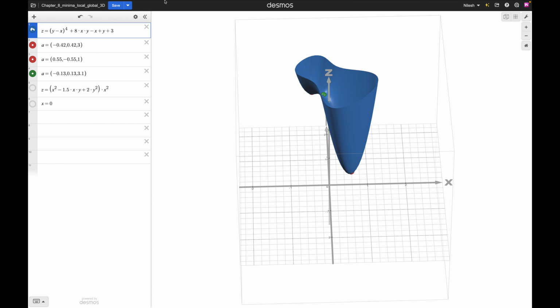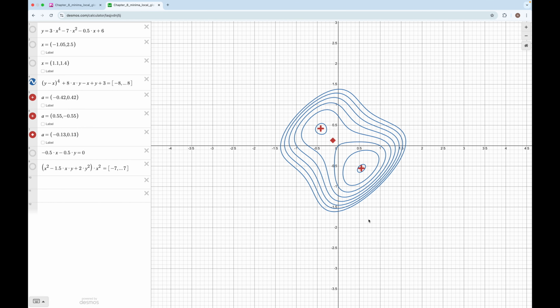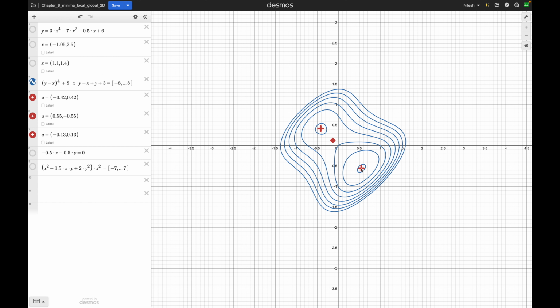Then the other minima that we see down below, that's the global minima, and this is the contour plot. As we have discussed previously, each line tells us that the height, if you are standing on that line on a hill, the height from the bottom of the hill up to where we are standing is the same along that particular line.